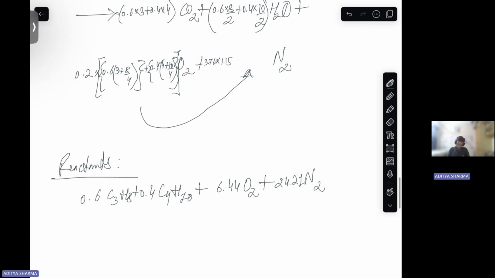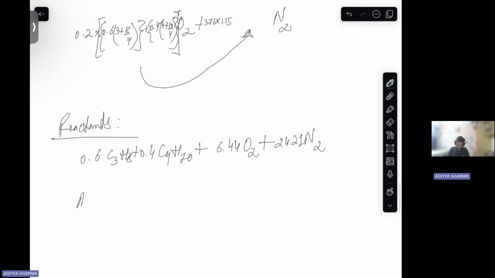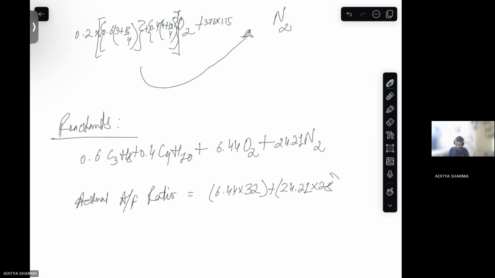Right. So now your actual air fuel ratio comes out to be 6.44 into 32 plus 24.21 into 28, divided by 0.6 into 44 for propane plus 0.4 into 58 for butane. Please calculate for this also.